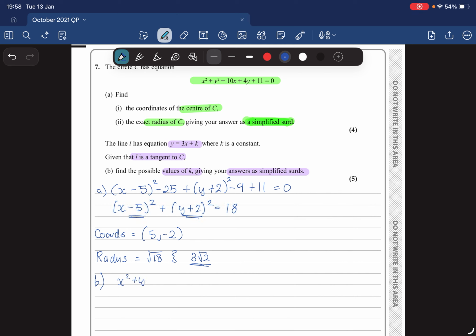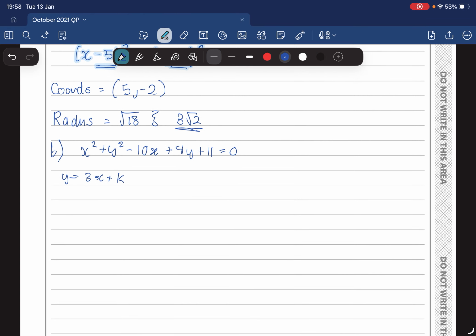We are going to use the original equation, x squared plus y squared minus 10x plus 4y plus 11 equals 0. Now y has changed to be 3x plus k. So this time we're going to substitute y into the equation: (3x plus k) squared minus 10x plus 4(3x plus k) plus 11 equals 0.